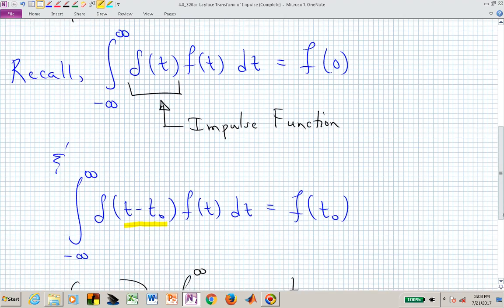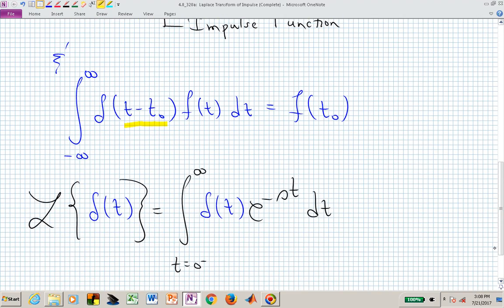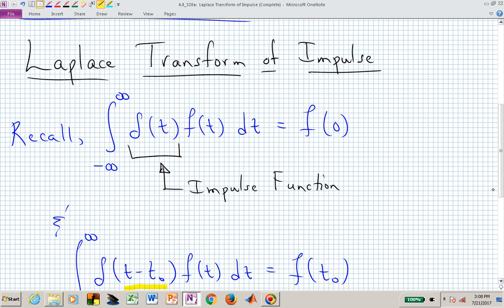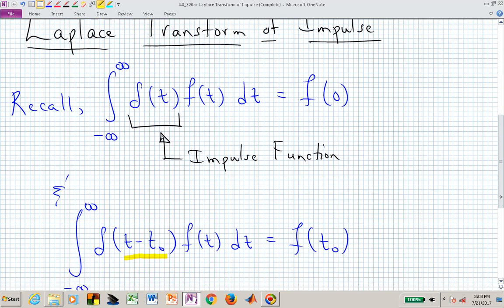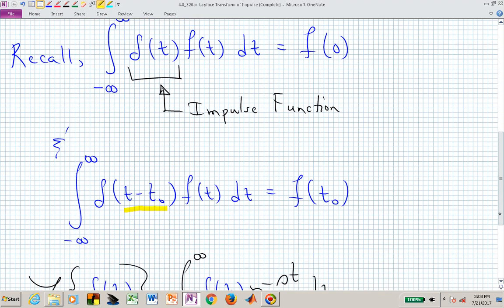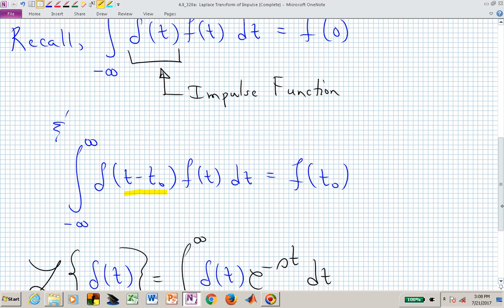When we have this impulse inside the integrand of an integral, it's only going to be active when the argument of that impulse is 0, or at time t equals 0, and it has the effect of sifting out this function f of t and evaluating it at the instant when the impulse is active.